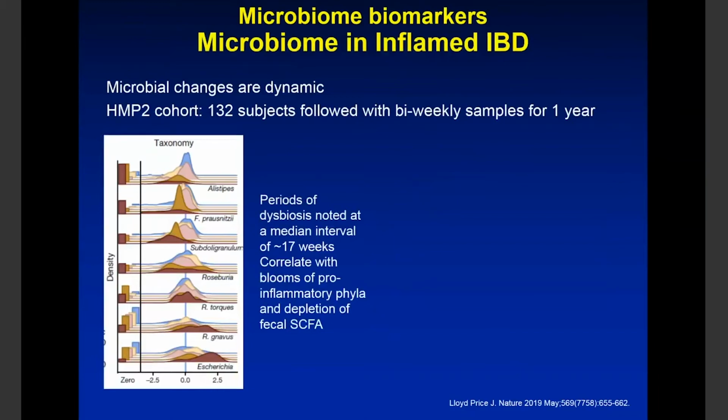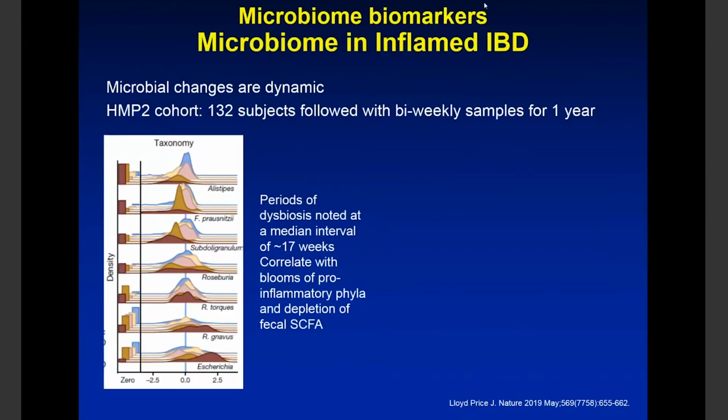And importantly, these flares of dysbiosis correlated with blooms of pro-inflammatory phyla, depletion of anti-inflammatory phyla, and depletion of fecal short-chain fatty acids that we recognize for their anti-inflammatory activity.